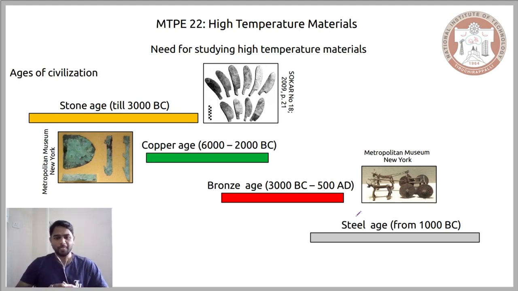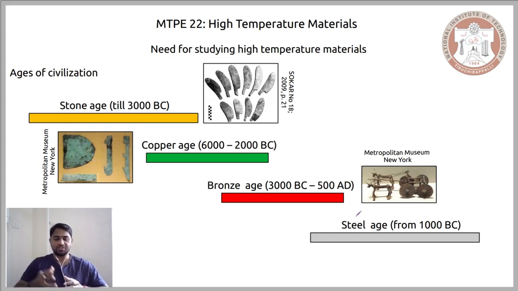Also, when I say copper age or any other age, it means that predominantly this material is used, or whatever other materials are used, the way of processing this material or any other material is similar to the material that characterizes that age. Supposing in the copper age silver was used, the way the silver was processed, or the way the gold was processed, was not much different from the way copper was processed, or the temperature range in which this processing was done.